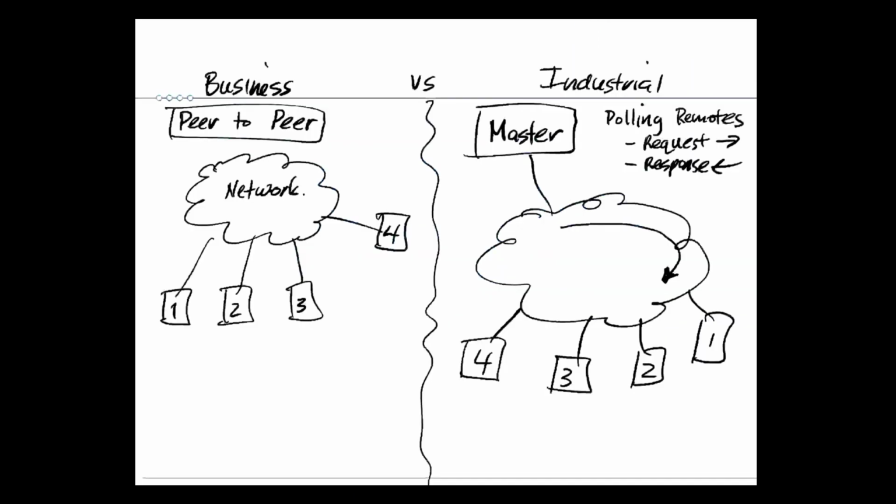First of all, I want to compare a business network to an industrial network again, starting with the business network on the left here. Business networks are peer-to-peer.